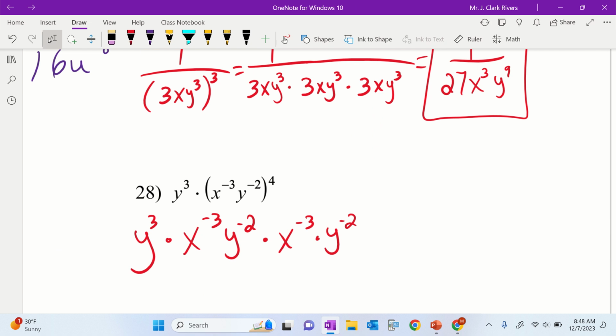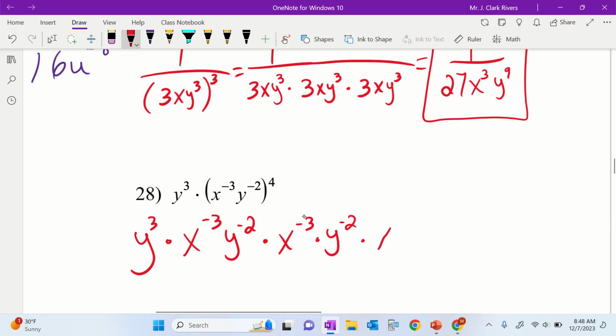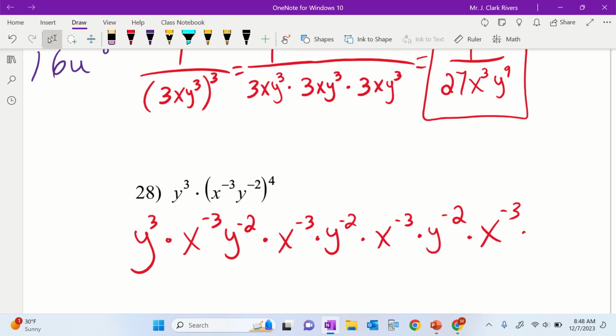We're going to multiply that by x to the power of negative 3 times y to the power of negative 2. And then one more time, right? Because this is 1, 2, 3. We need a fourth one because it's to the power of 4. So times x to the power of negative 3 times y to the power of negative 2.